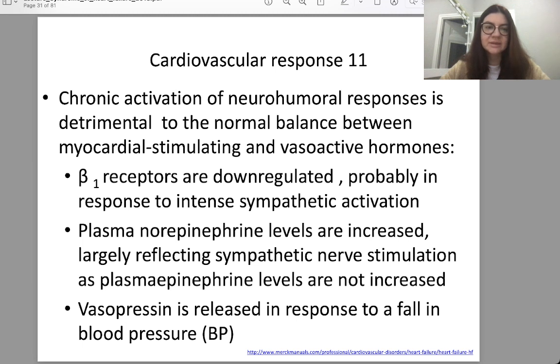Beta-1 receptors are down-regulated, probably in response to intense sympathetic activation. Next, plasma norepinephrine levels are increased, largely reflecting sympathetic nerve stimulation, as plasma epinephrine levels are not increased. Vasopressin is released in response to a fall in blood pressure.